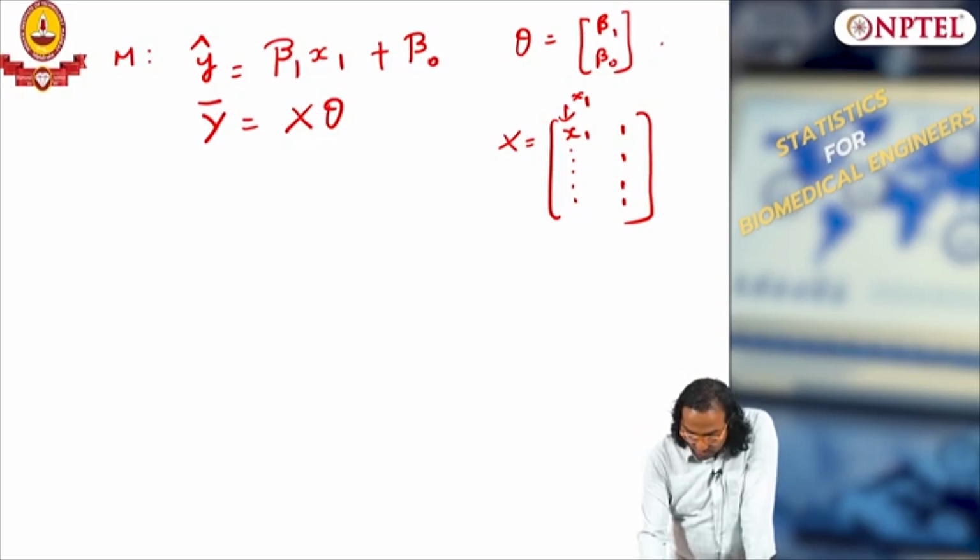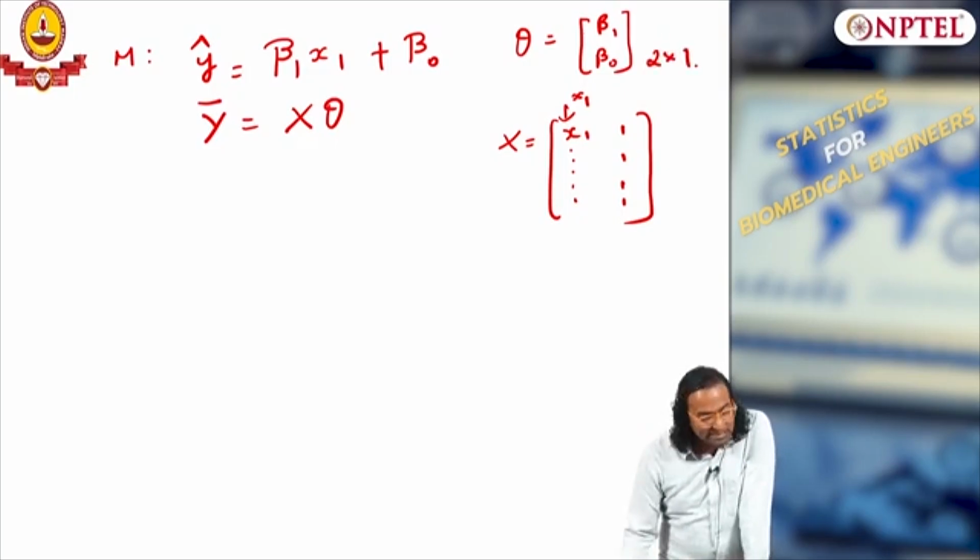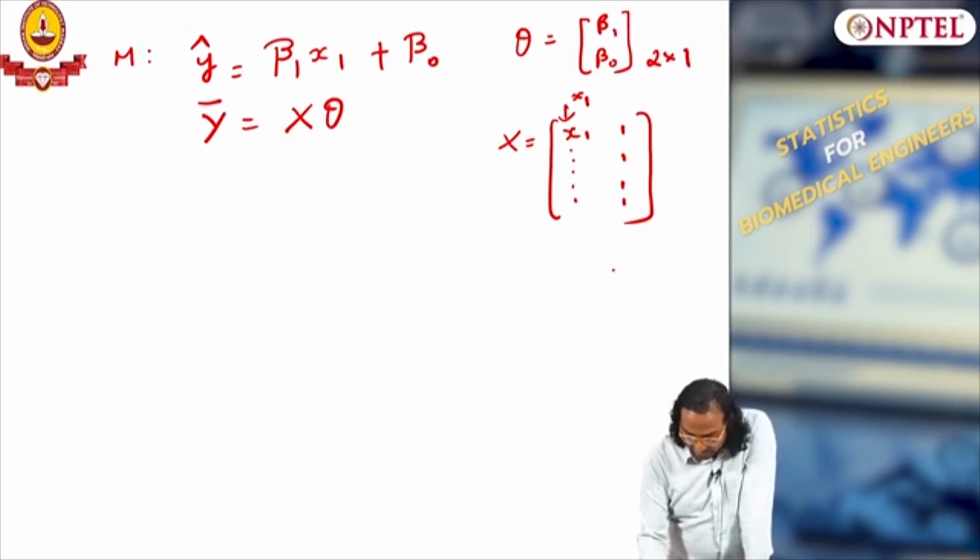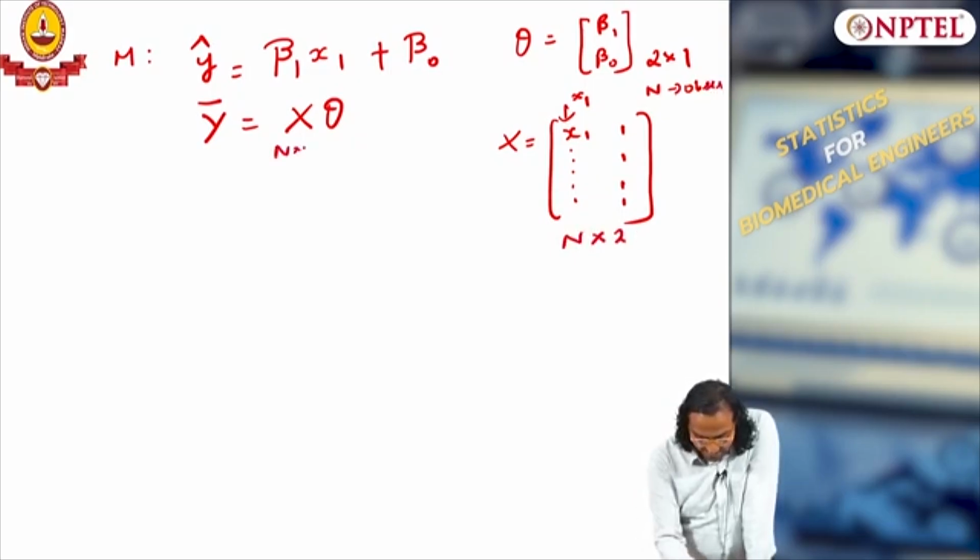So, let us say this is 2 cross 1 in size, and what is this size going to be? Let us say there are n observations, capital N observations. So, this is n cross 2. So, this makes sense, n cross 2 into 2 cross 1.